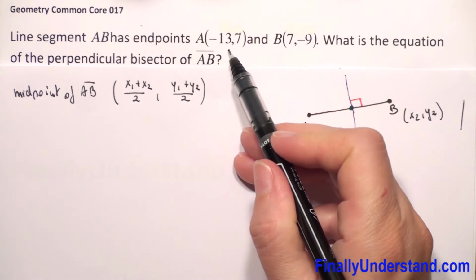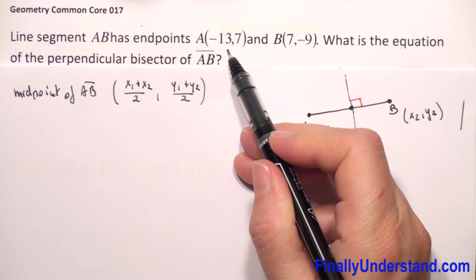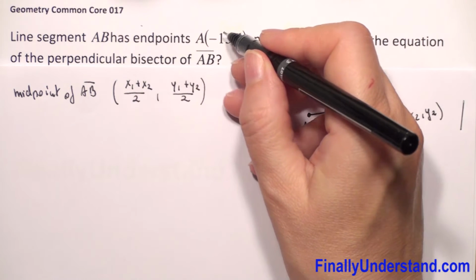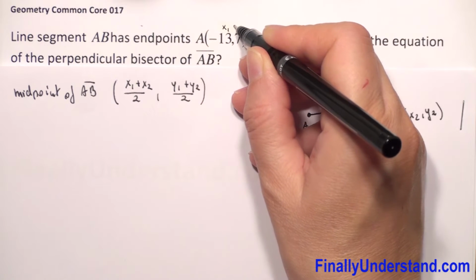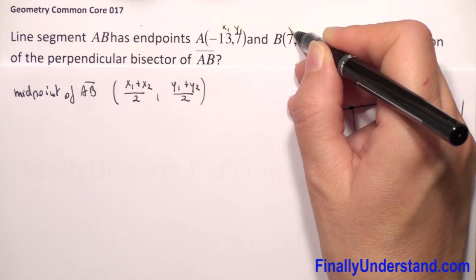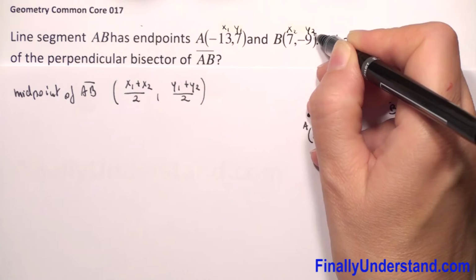We have the given coordinates of points A and B. This is our x1, y1 and x2, y2.